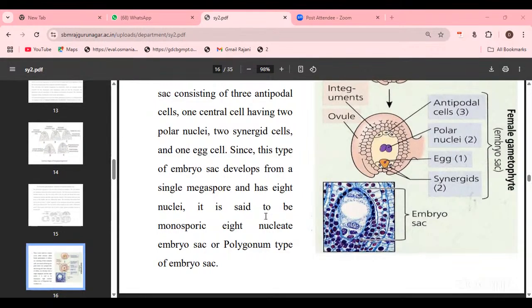Since this type of embryo sac develops from a single megaspore and has 8 nuclei, it is said to be the monosporic 8-nucleate type of embryo sac, or the polygonum type of embryo sac.